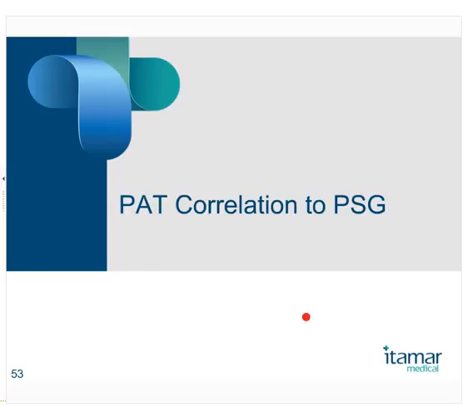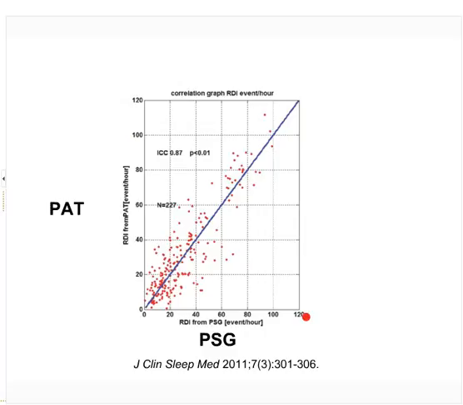This is a line of identity drawn through plotting RDI from a WatchPAT versus RDI from a polysomnogram. You can see that the line going through these plots is pretty much the line of identity. It's relatively little scatter. And this gives an example of WatchPAT ODI and RDI estimates.